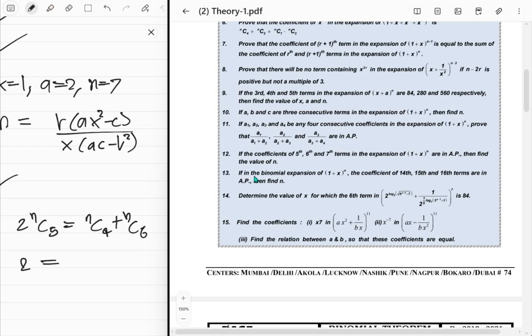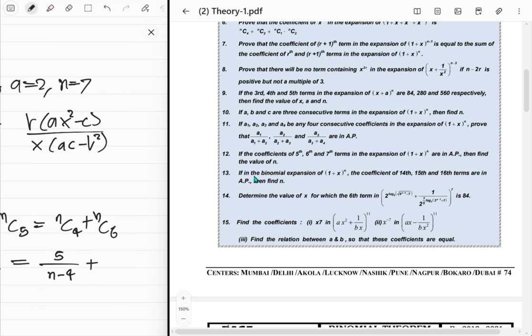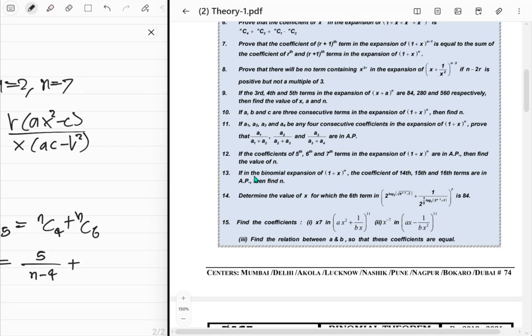So this will be N minus the smaller number, N minus 4, and the numerator will just have the bigger number, that's 5. Plus NC6 upon NC5, so that will be N minus 5 upon 6. That should do it. I made a formula for this, now I don't have it.